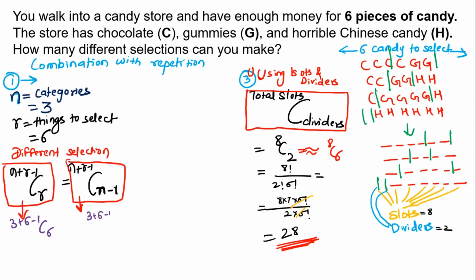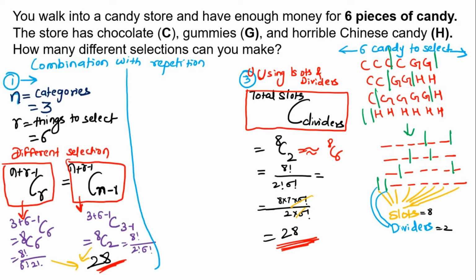Next, when we have the formula n plus r minus 1 combination r, we can also read this as n plus r minus 1 combination with n minus r. Now in this formula, n is the categories, how many categories of candy you have, and r is how many things you have to select.